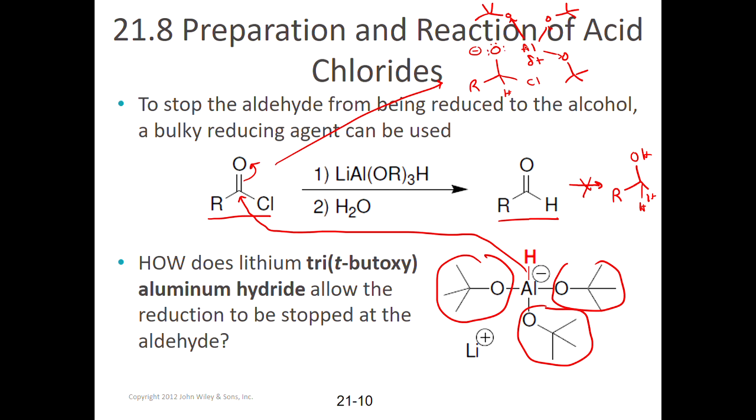So it's almost like an ionic bond attraction. Unless I have an extremely polar solvent, which I don't, it's not going to be able to separate those. They'll remain attracted in close proximity. So when the oxygen swings the electrons down and pushes the chloride out to make the aldehyde, the aluminum is still there.